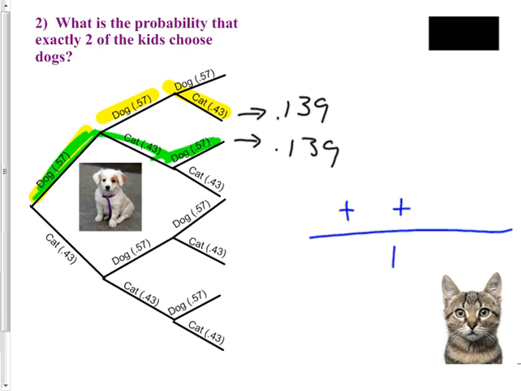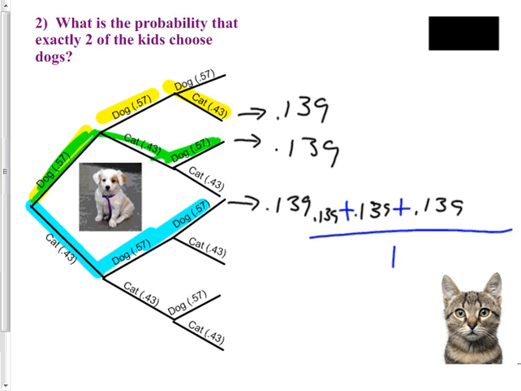I do. I use that one, and it's cat, dog, dog. And it's still 2 dogs and a cat, so it's still going to be the same thing, 0.139. So it's 0.139 plus 0.139 plus 0.139. Notice, these are ors. Get what I'm saying? This or this or this.